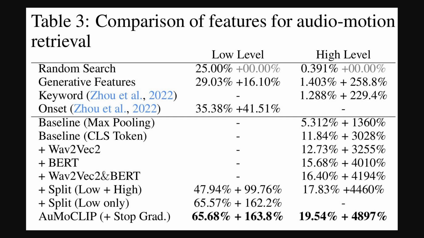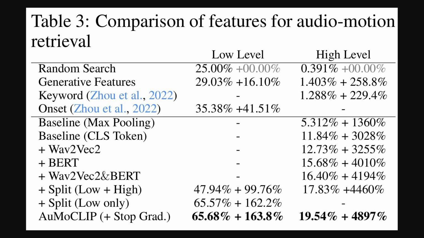Okay, so digging a bit deeper, this next table compares different features for audio motion retrieval. This really shows how well that hierarchical audio motion joint embedding, or AUMOCLIP component we discussed earlier, can find the right gesture clips to match the audio. It looks at retrieval accuracy for both low-level details, like fine-grained movements, and high-level patterns, the broader gesture shapes.